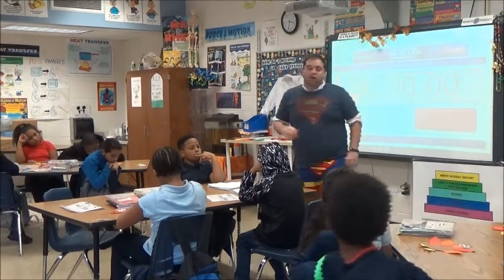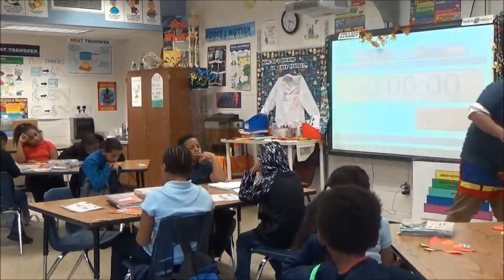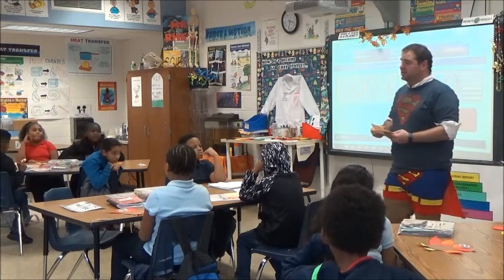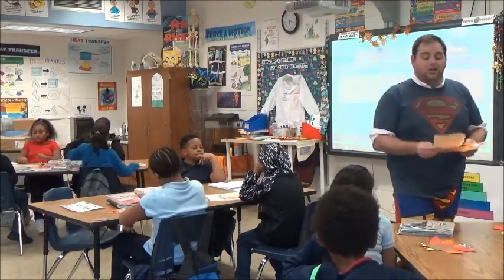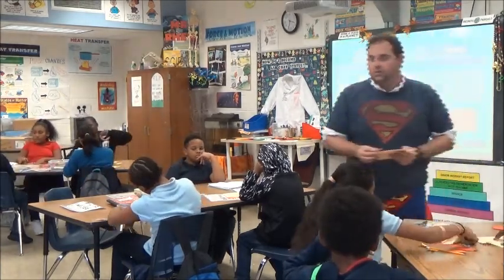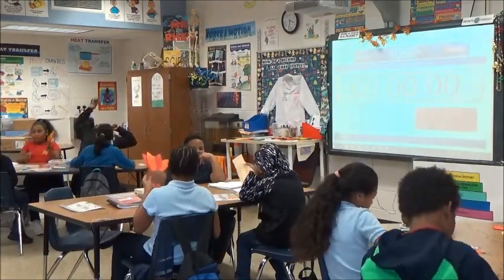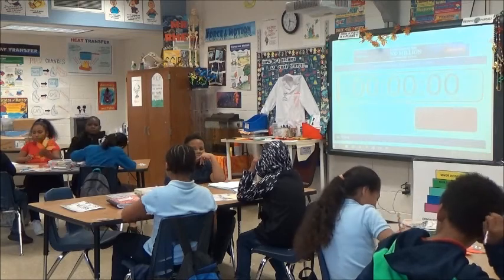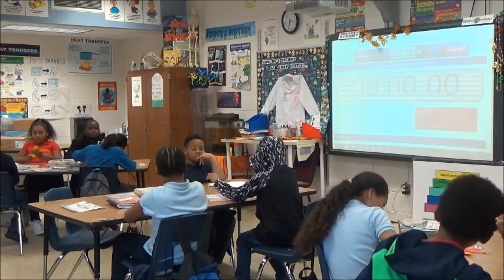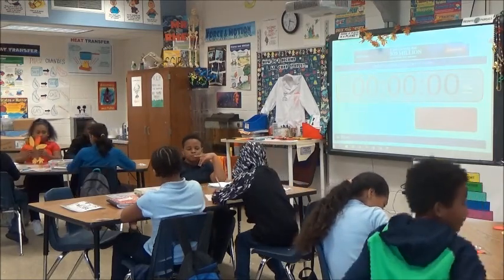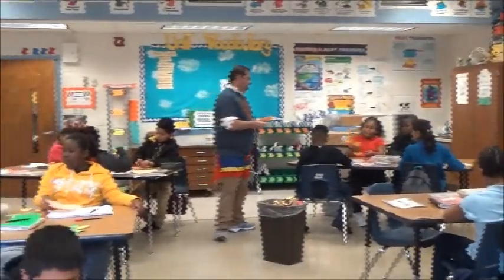Okay, I'm going to bring you your gold cards so you can get started. Be ready to discuss with your table your inherited and your acquired traits. Okay? Scholars are now working on their information cards.